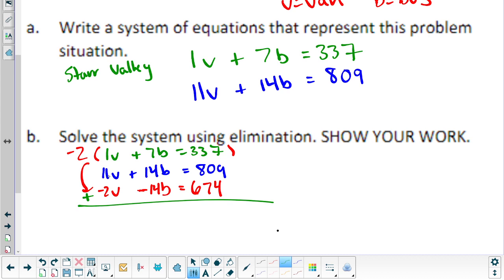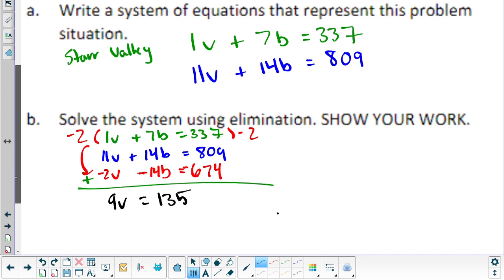So the v's, 11v plus -2v, leaves me with, in total, 9 vans. The buses cancel out, but the students, 809 plus, no, what happened here? Oh, -674, sorry, because I multiplied this by -2. So 809 minus 674 is 135. That seems like a correct number to me.